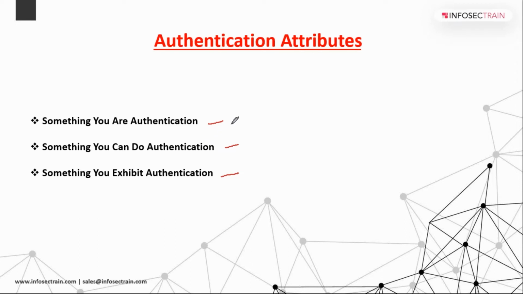Somewhere you are. Over here, we go with location-based authentication, based on your geographical location. It will measure your device location, or it could be your IP location as well.